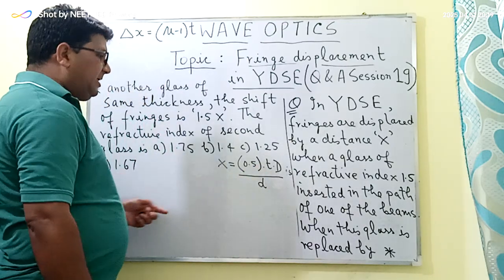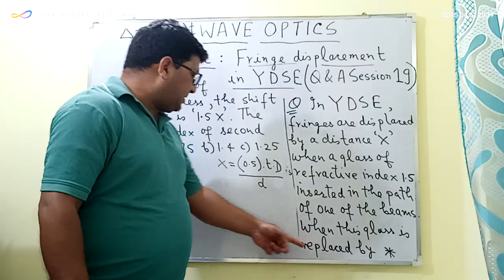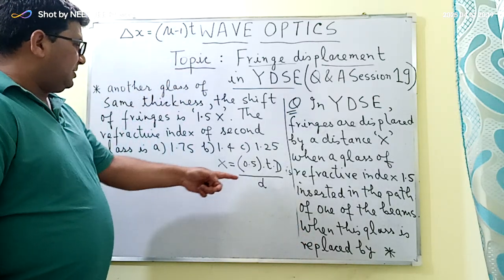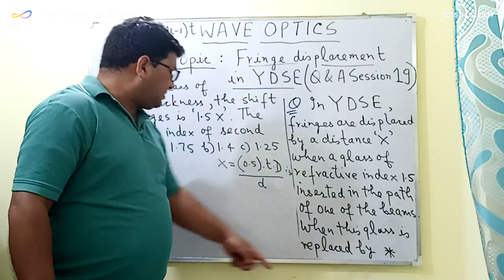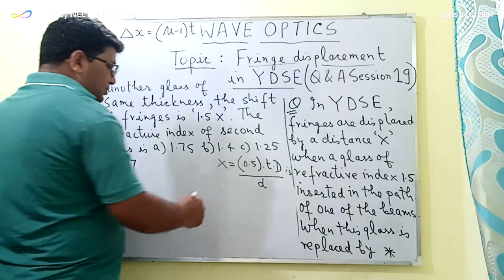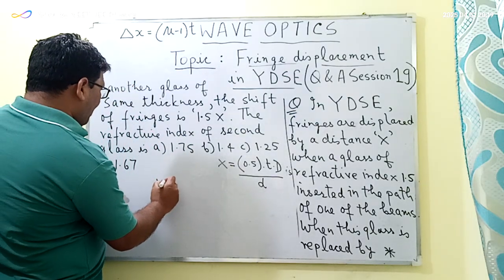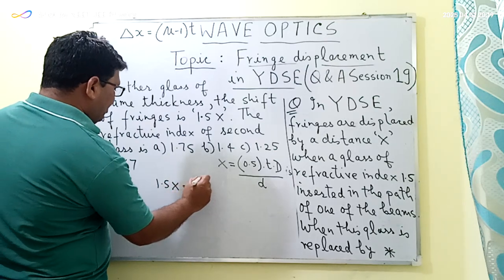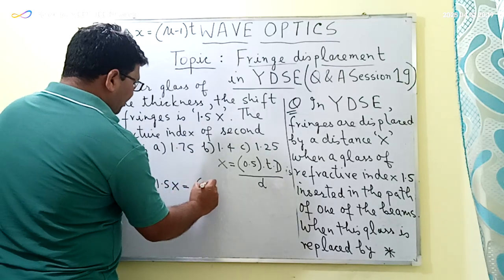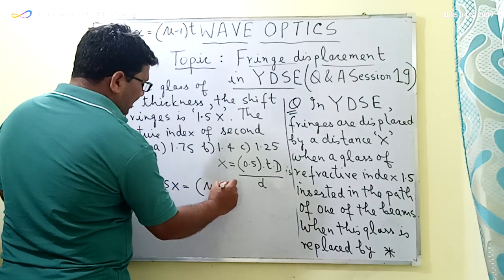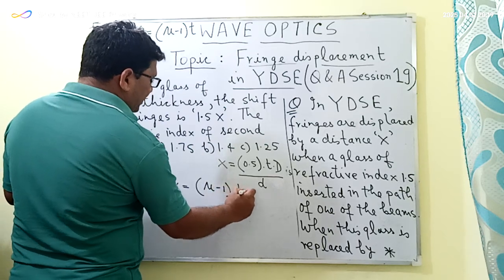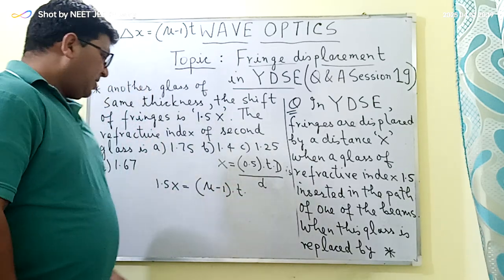Now I will get another equation by considering the second case, when this glass is replaced by another glass. In the second case, the fringe shift is equal to 1.5x, and this will be equal to mu minus 1, where mu is the refractive index of the second glass, into t. Now t is the thickness of the second glass.